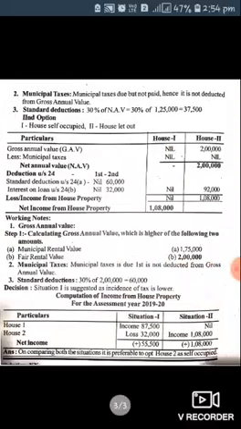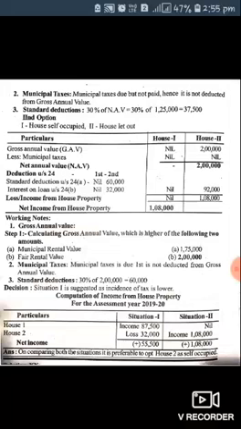So the higher is 1,25,000, and municipal taxes due but not paid are not deducted from gross annual value. When the taxes are paid, then only the deduction is given. Standard deduction is 30% on gross annual value, so on 1,25,000, 37,500 is given as deduction.